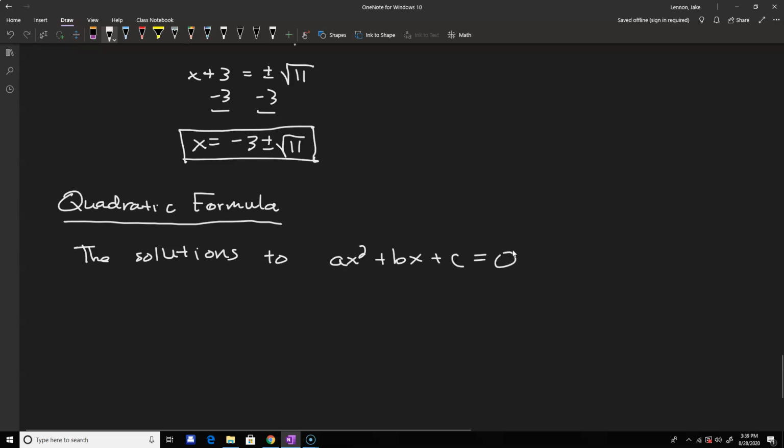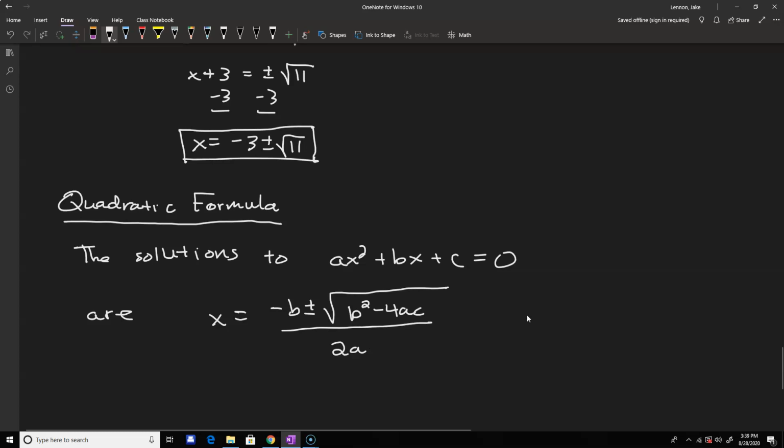So again, it's important to remember that for any of these techniques, we always want to put all of our stuff, any of our numbers or variables on the left-hand side and keep 0 on the other side of the equation. But the solutions are x equals negative b plus or minus the square root of b squared minus 4ac, with everything being divided by 2a.